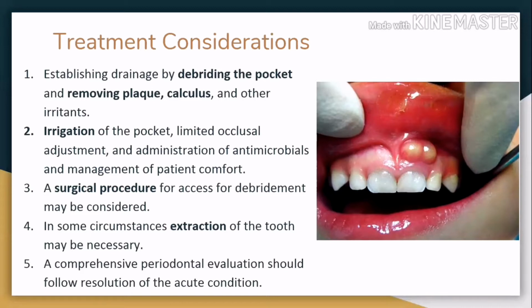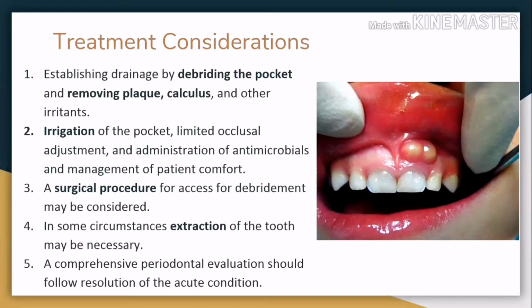Therefore, several treatments should be considered, such as establishing drainage by debriding the pocket and removing plaque, calculus, and other irritants. Debriding means removing the damaged tissue. Irrigation of the pocket, whereby a proper prophylaxis is done. Limited occlusal adjustment.